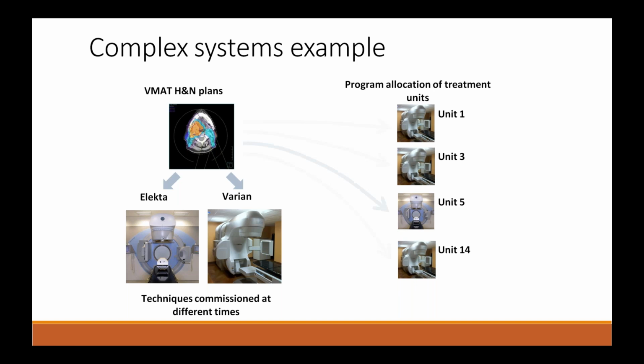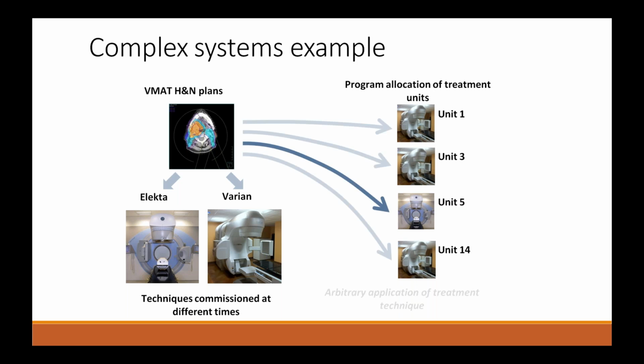So as we went ahead to schedule patients, just to get sufficient treatment time for the whole cohort of 800 head and neck patients a year, if patients were sent to the Varian units 1, 3, and 4, they were able to have VMAT plans, but if they were sent to Elekta, that technology hadn't been commissioned as early.